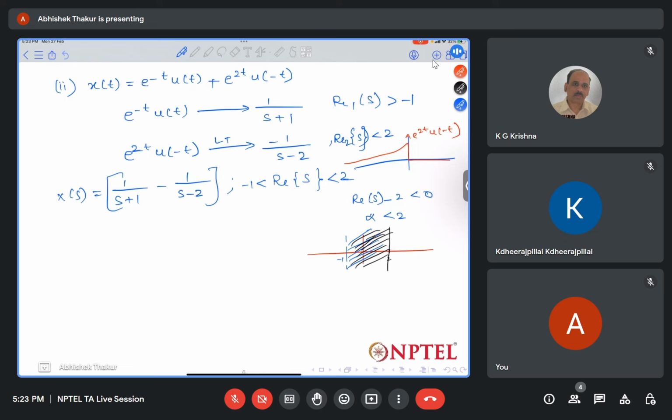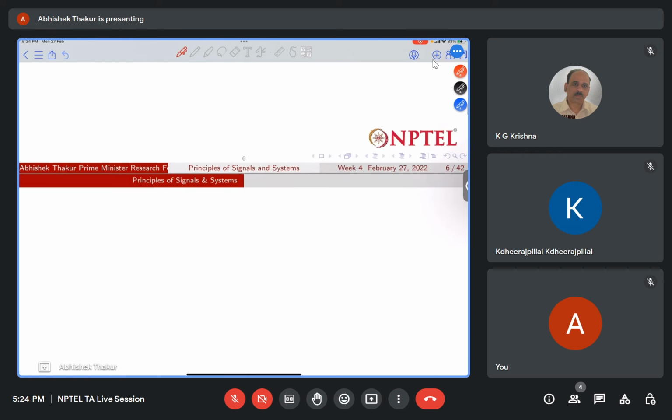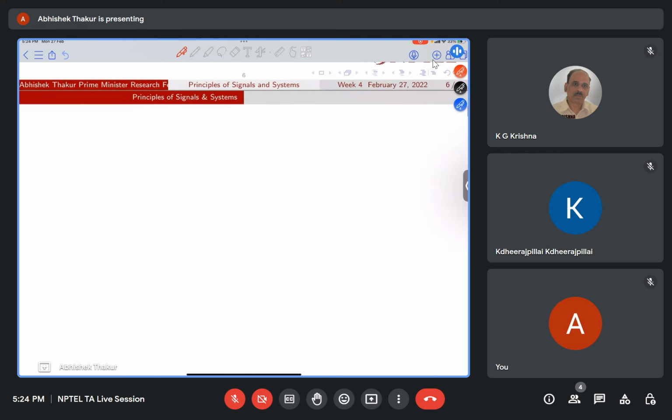So now we will see some other properties, like when the signal is multiplied by time. We'll write multiplication by time.